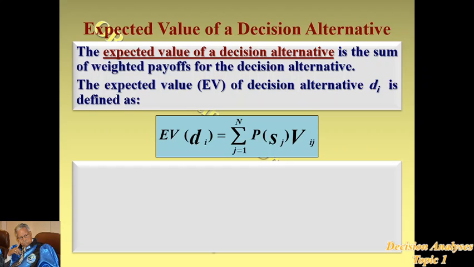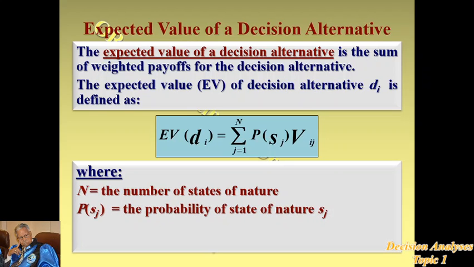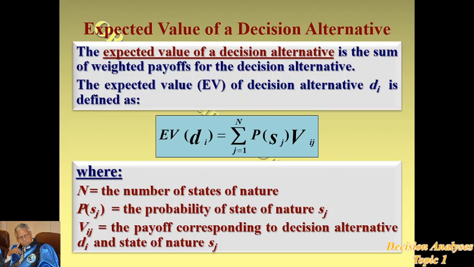Expected value of Di, the expected value of decision alternative number i, will be the sum for j equal 1 up to N of the probability of Sj, state of nature j, multiplied by the payoff Vij, where N is the number of states of nature, P(Sj) the probability of the state of nature Sj, and Vij the payoff corresponding to decision alternative Di and state of nature Sj.